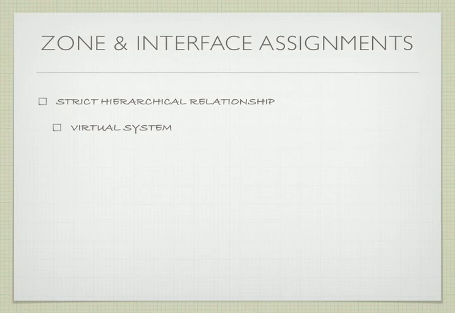Virtual systems are separate entities that can be managed and controlled administratively separately. Virtual systems can contain virtual routers. So your virtual router is a full firewall unto itself, but the root logon for the virtual system owns all of the virtual routers within it.